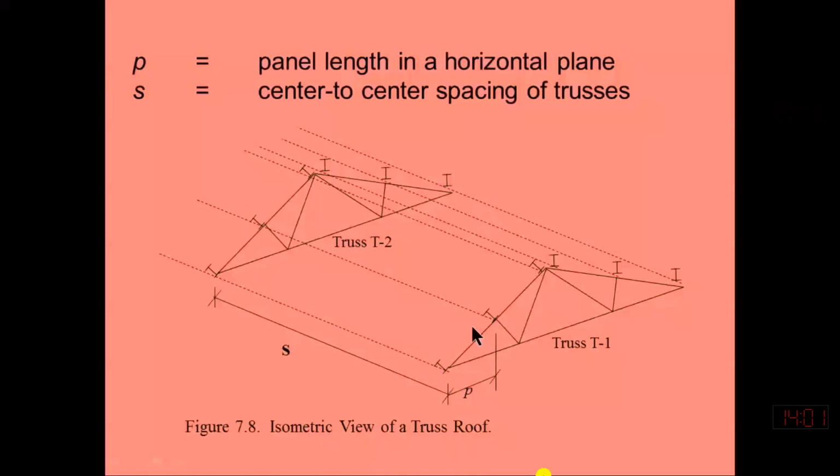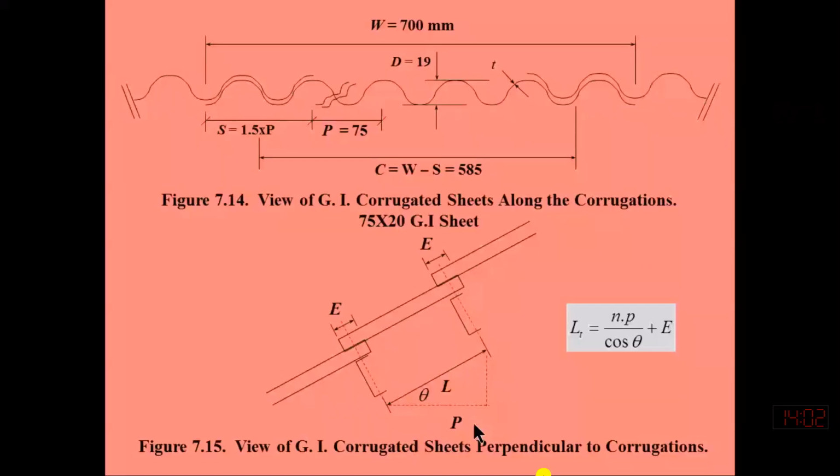Actually, what I want to explain: P is the center to center distance between two panel points, from here to here. This is the horizontal distance, so P is the horizontal distance between two panel points, or the given panel length. We know the inclination of the top chord, so we can determine this length.